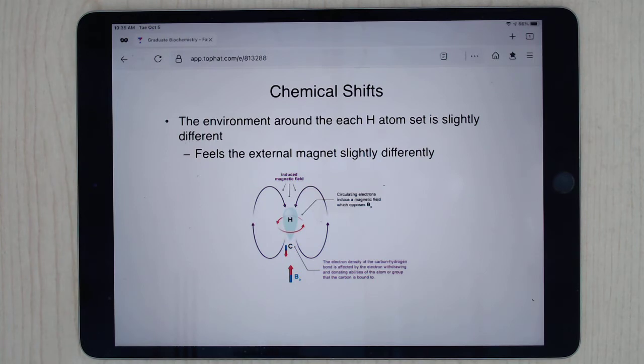If your neighbor suddenly decides to start cooking and selling meth next door, you haven't done anything to your house, but the fact that your neighbor has started running a drug house is going to lower the value of your house. Same thing here. The environment in which the atom is present is going to make that particular nucleus feel the magnet a little bit differently.